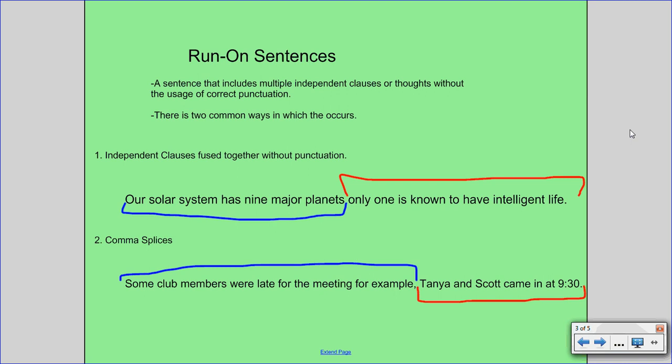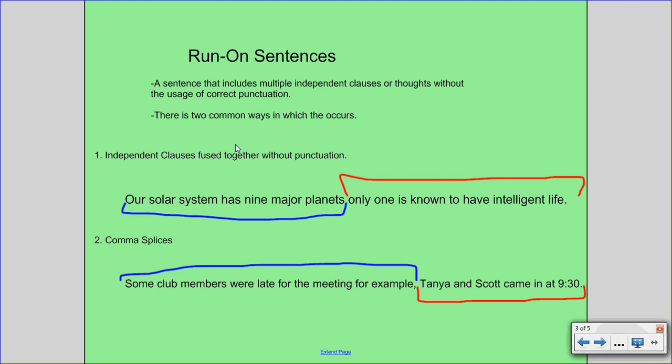In your writing, this will occur quite frequently when you're really passionate about something and you're getting all your ideas out, and at times it'll all just run together, and you won't stop to put punctuation in. That's why it's important to always go back and read your work and add punctuation.